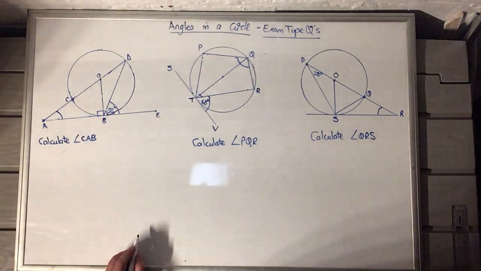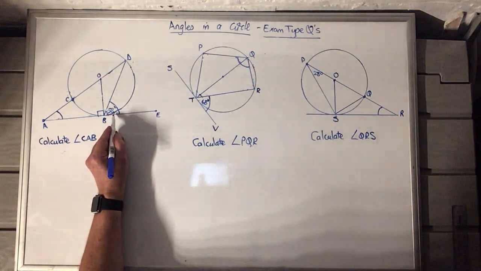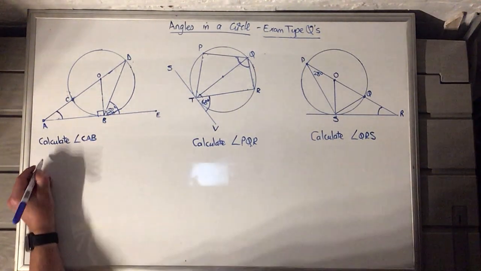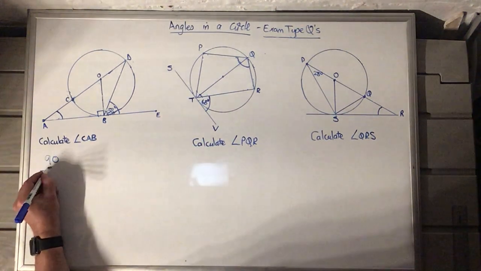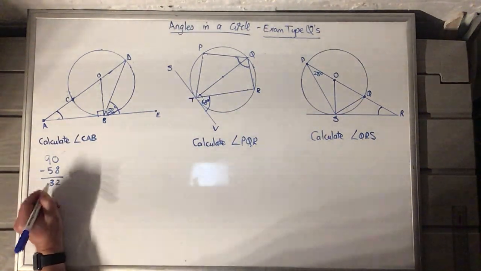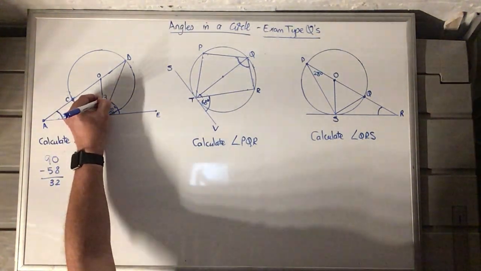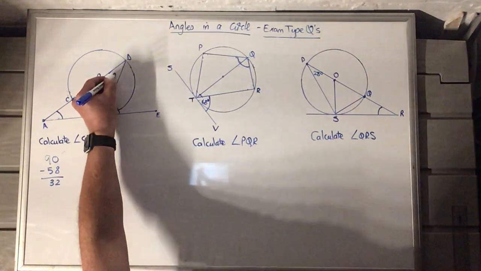So if I've got 90 degrees on this side and this is 58, 90 minus 58 gives me 32. Let me just double check that. 90 minus 58 equals 32. So that's 32 goes in here. Now we've got an isosceles triangle, so that must be 32 as well.